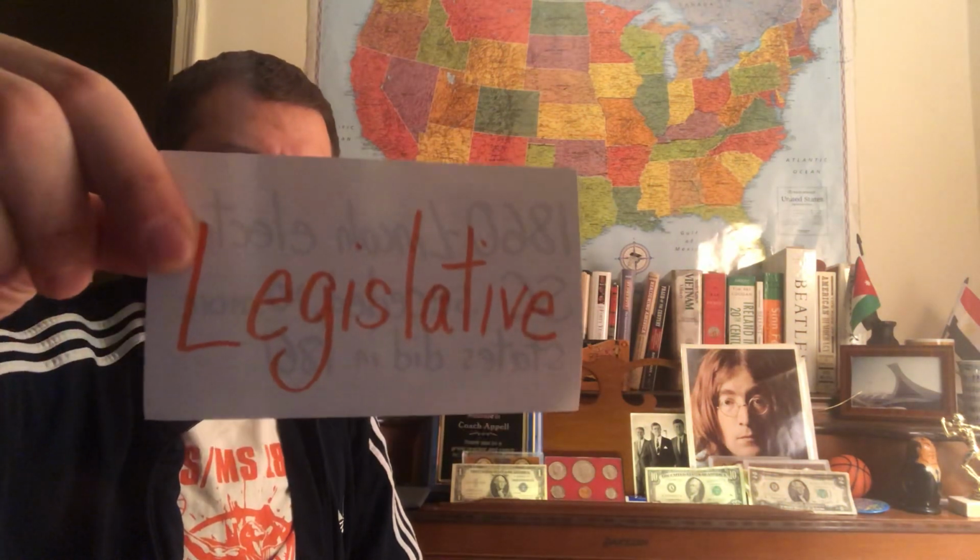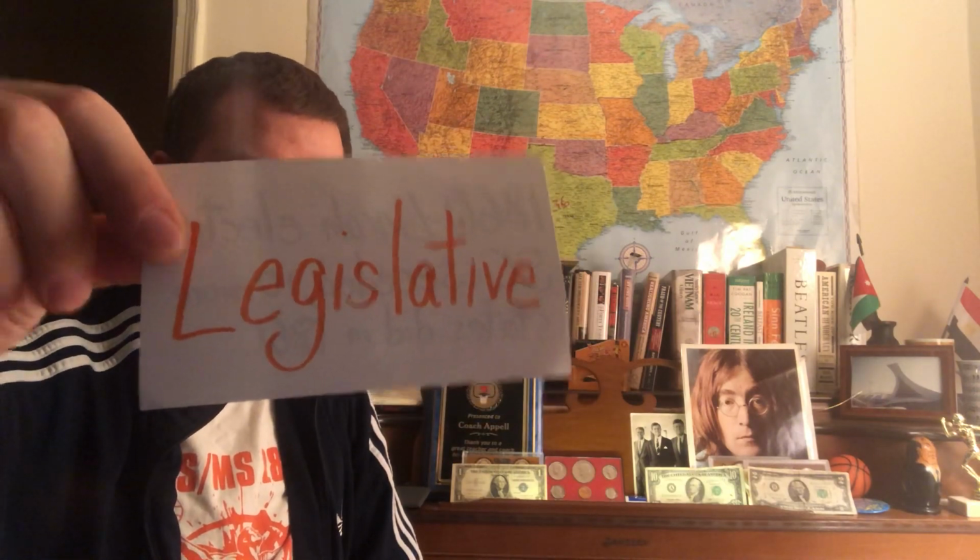Other states, like Virginia, said no, we want more members because we have more people. So they came up with the Connecticut Compromise, and as we learned in other lessons, the legislative branch was broken in half. It has two houses: the Senate, which is 2 per state, and the House of Representatives, which is based on the population of your state. The more people you have, the more members you get.